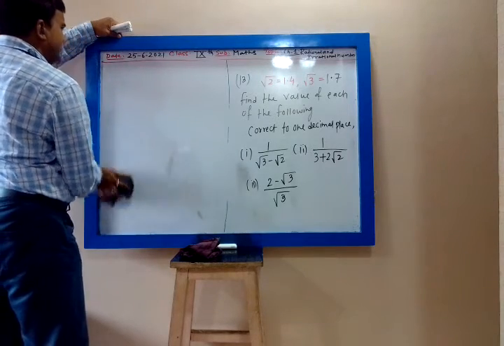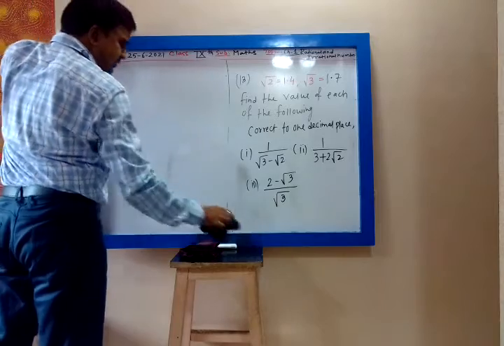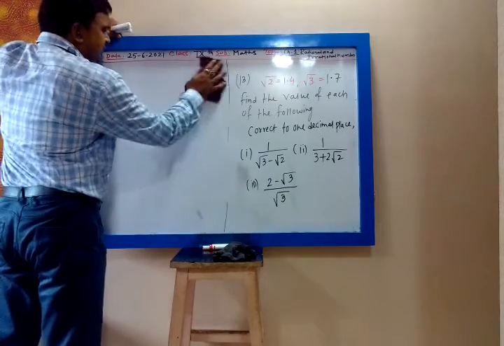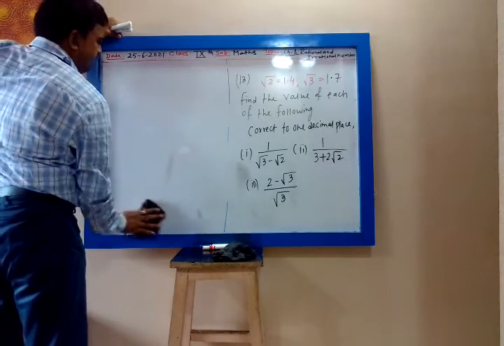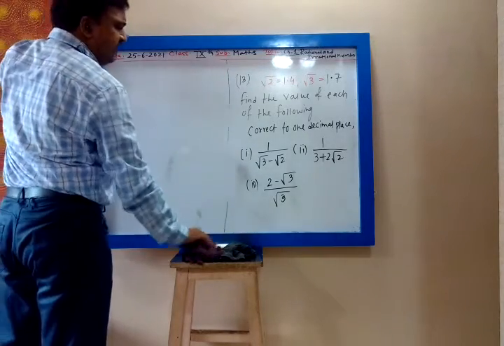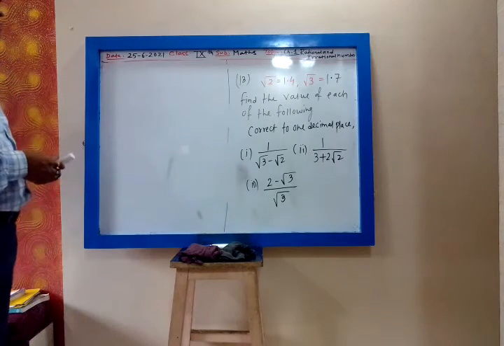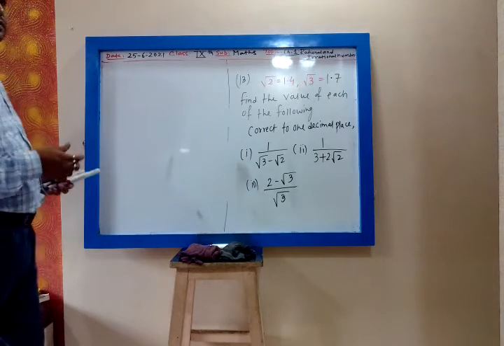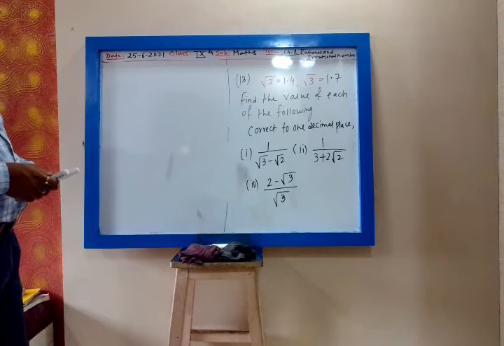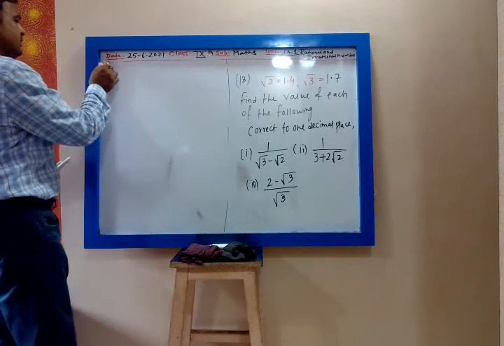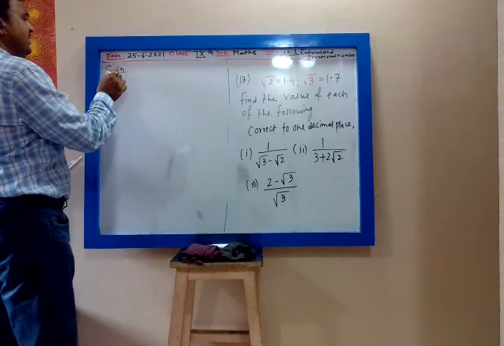You will get the answer, but after spending a long time on that calculation. So what I advise in this type of problem is that before you substitute the values, you simplify each one of them by rationalizing the denominator. Now which one should I do? Tell me, first one, second one, third one. First one, okay. If one is clear, the rest will be clear.